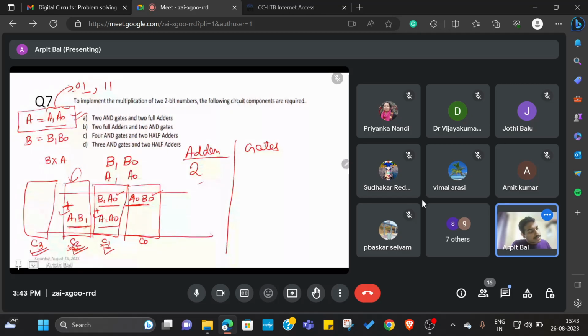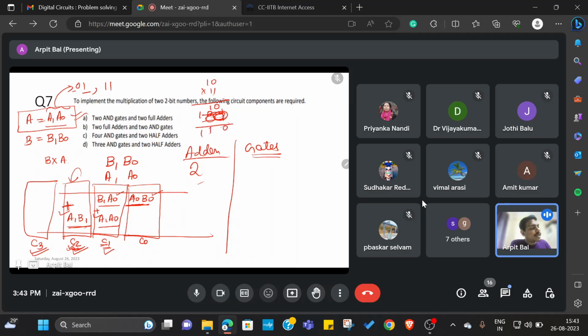Similarly, what will be the number of gates that are needed? The first thing is, to generate all the partial products that are present here, we will need gates. How? I'll represent that using an example. Let us say I take 1 0 into 1 1. So 1 0 into 1 1 will be 1 0, and here it will be 1 0. So it is 0 1 1.